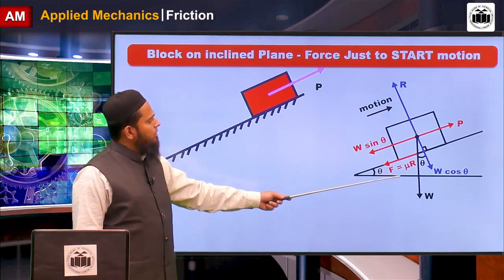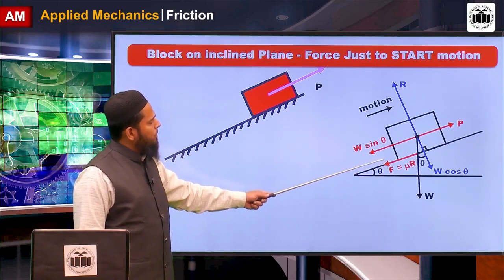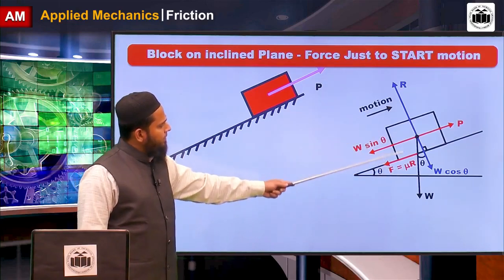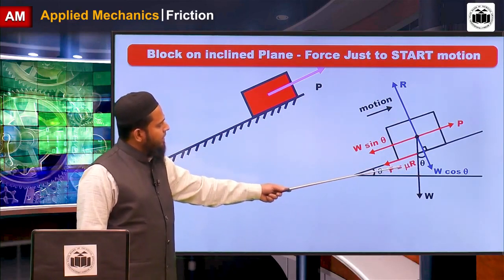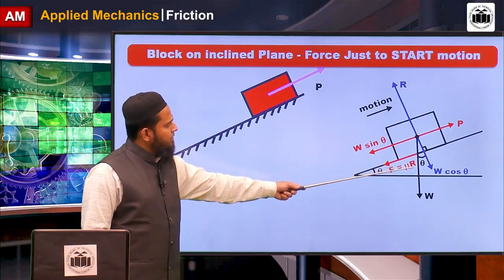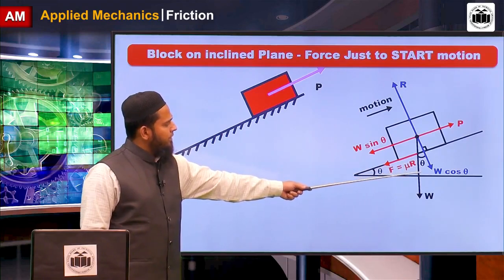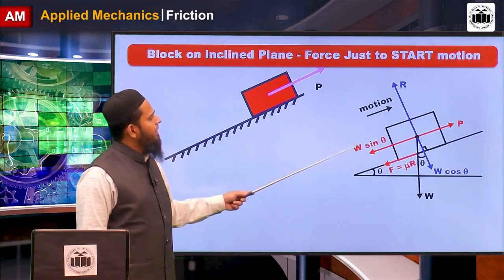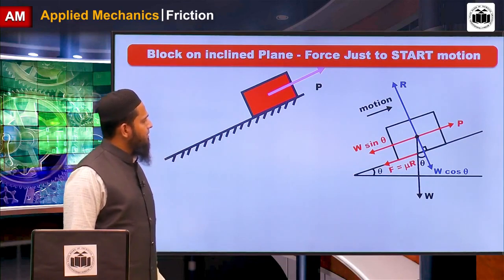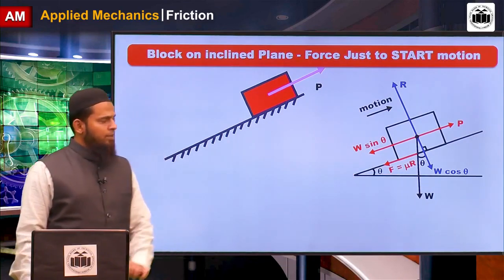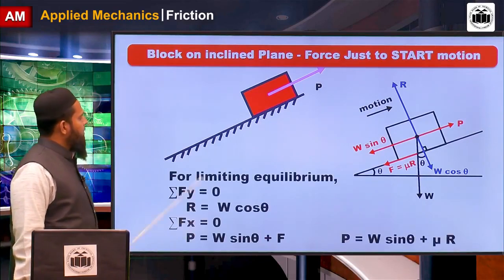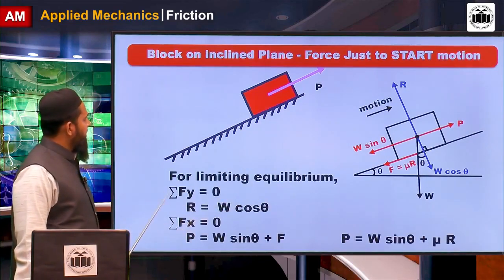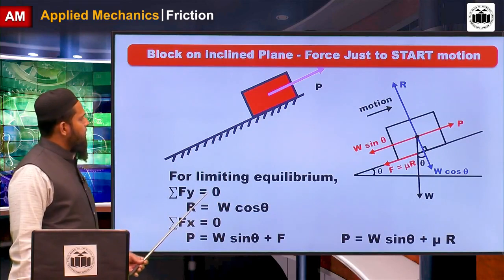W is resolved into two components along the plane and across the plane. Across the plane, which is adjacent to theta, is W cos theta, and the remaining is W sin theta along the plane. Now using these conditions of equilibrium, for limiting equilibrium, summation Fy is equal to 0.